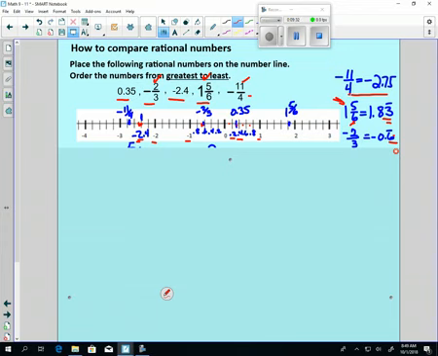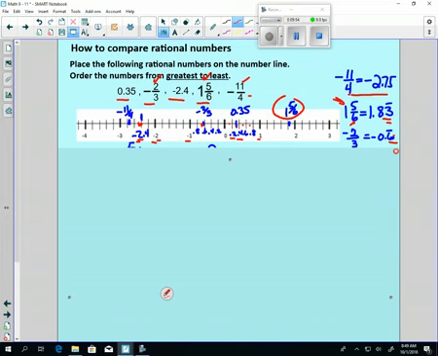So it'll be right in here. 1 and 5/6, or 1.83. And then -11 over 4 is -2.75. Here's -2, 2.2, 0.4, 2.6, 2.8. So right in between would be -2.4, which is the same as -11 over 4.